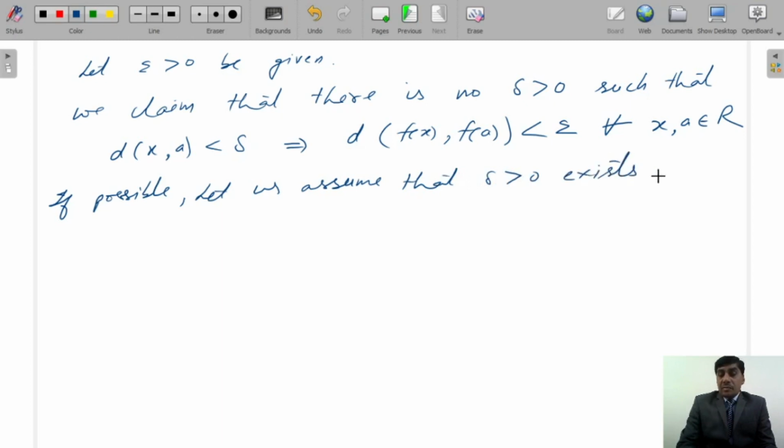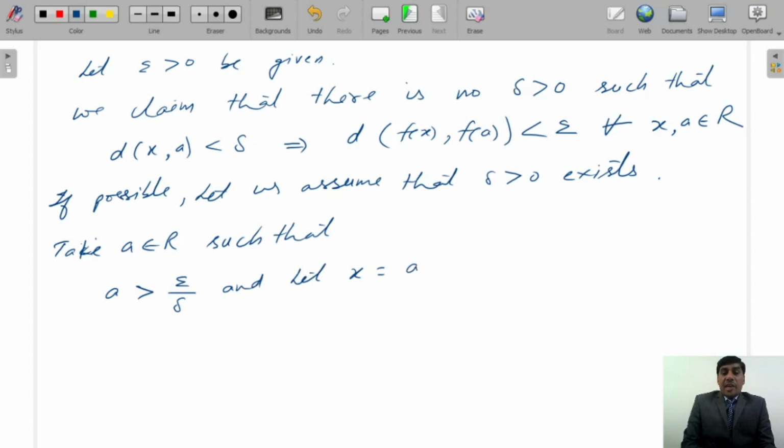Take A belongs to R such that A is greater than epsilon by delta, and let x is equal to A plus delta by 2.